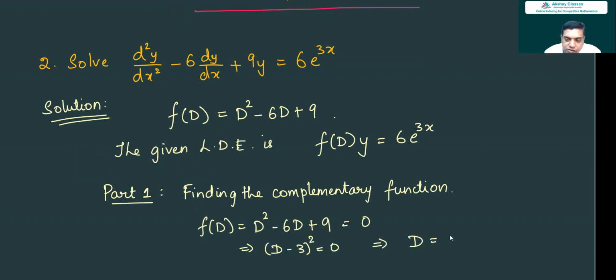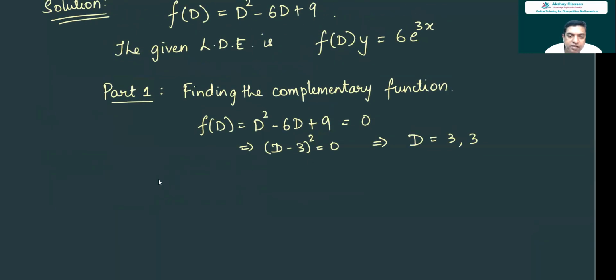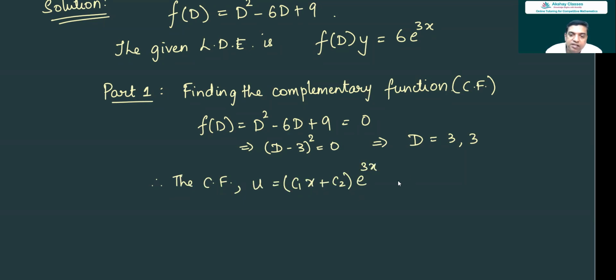So D is 3, 3. Therefore, the complementary function u is (C1 x + C2) e^(3x). This is the first part.